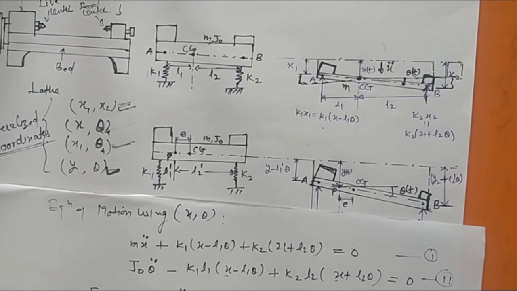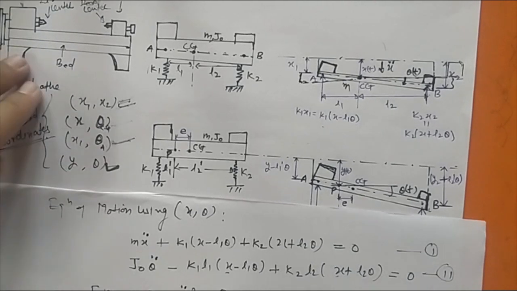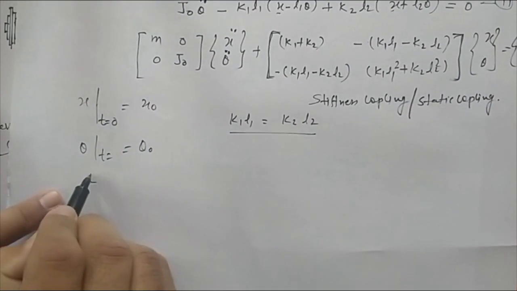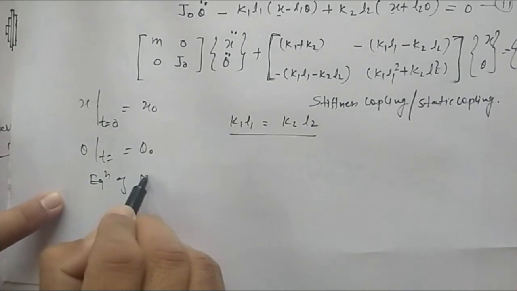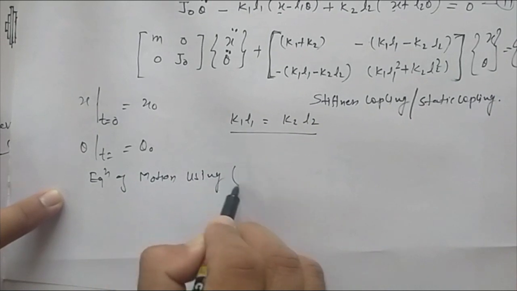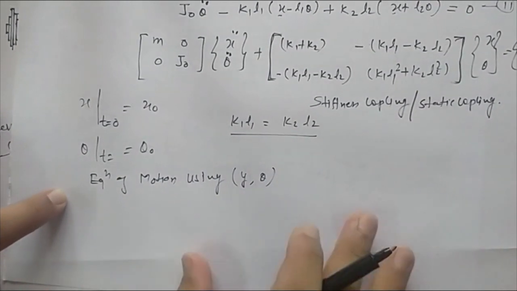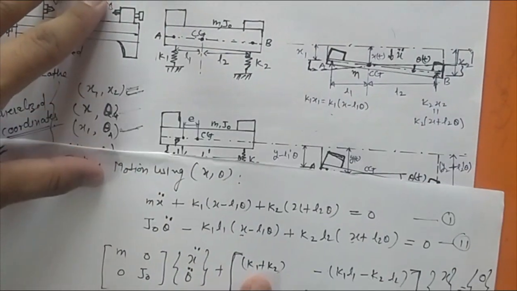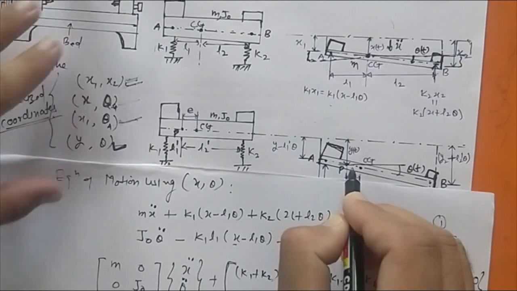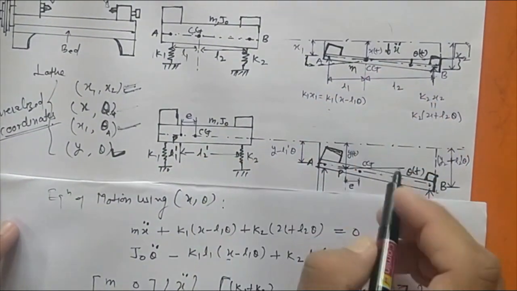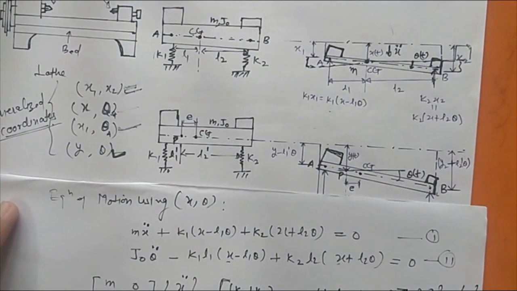So using the equation of motion, using y and theta, we can write: if this is y, then the direction of y double dot would be in the downward direction.